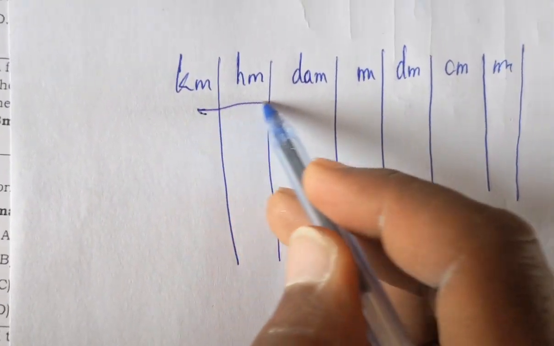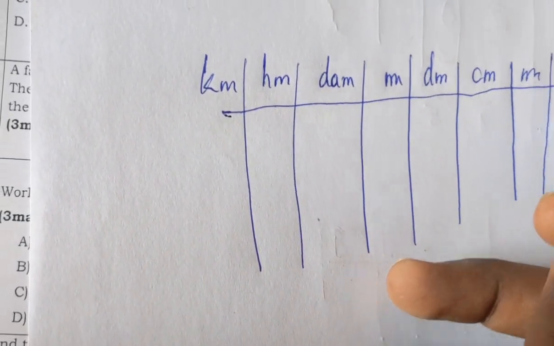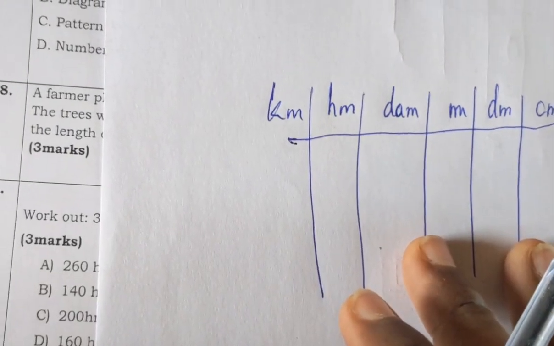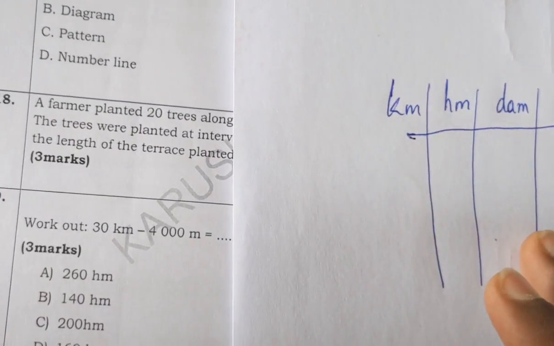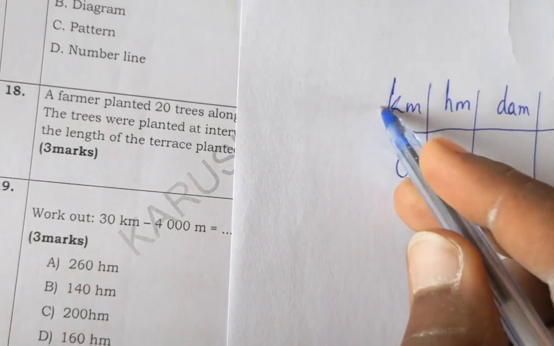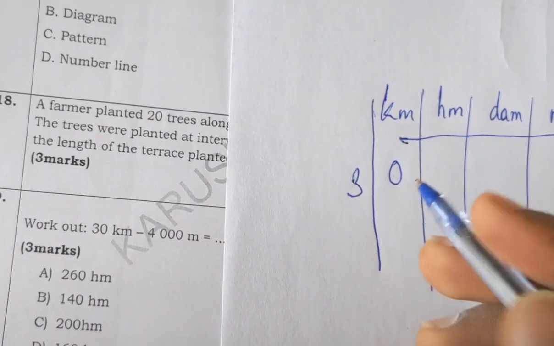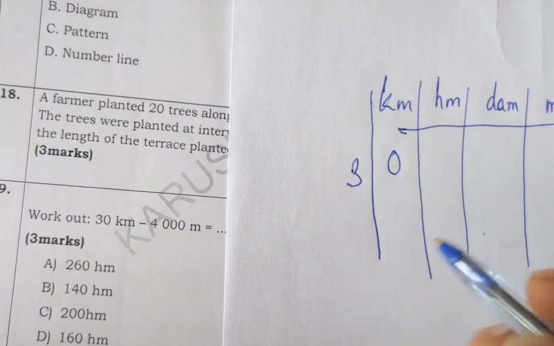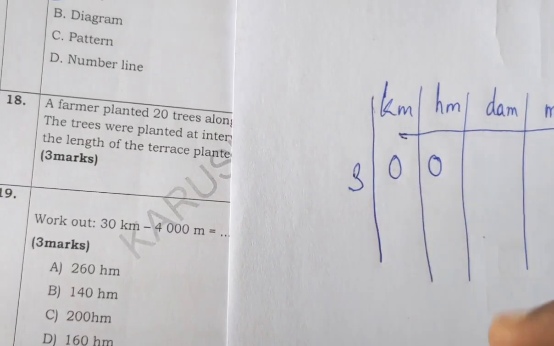And then I'm going to solve 30 kilometers. 30 kilometers must be written with 0 here, and then here 3. I'm going to convert that into hectometers, it becomes 300.